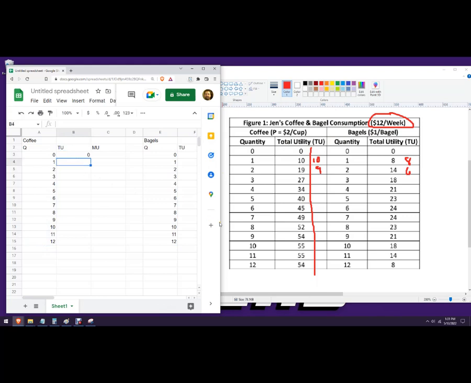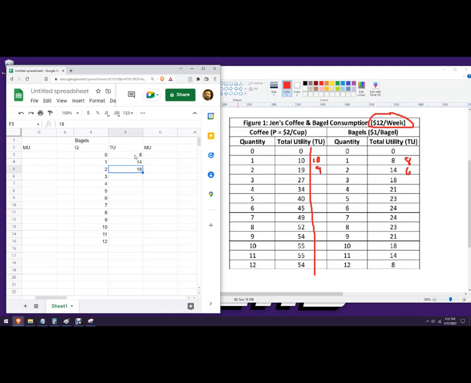Now I do need to punch in all of this data: 19, 27, 34, 40, 45, 49, 52, 54, 55, 59, 54. And total utility on the bagels. I was doing it wrong.